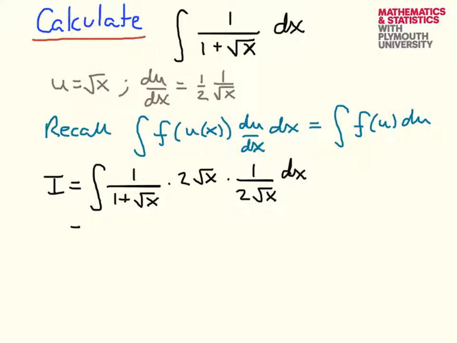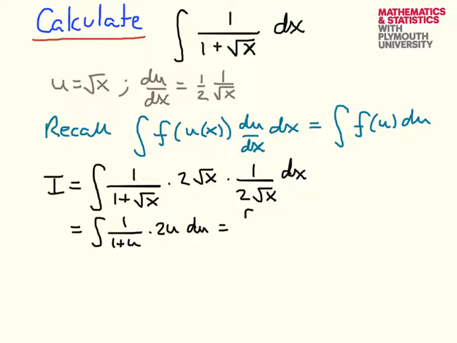So I, our integral, is the integral of 1 over 1 plus u times 2u, that's this factor here, integrated now with respect to u.